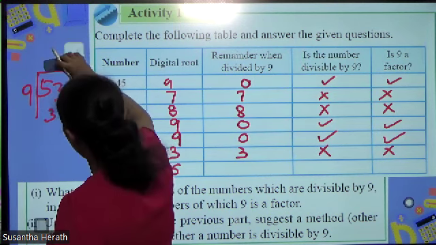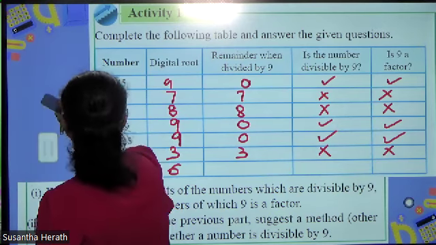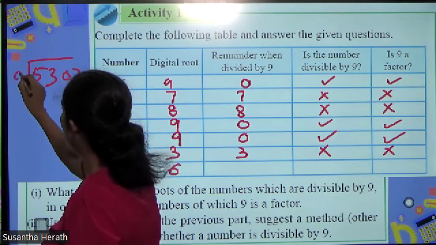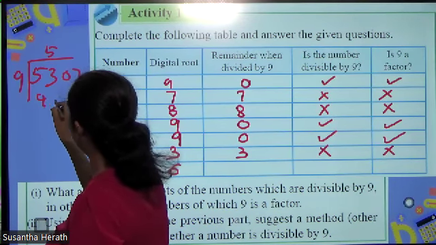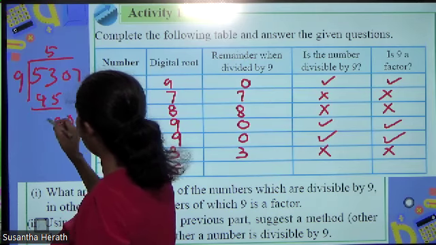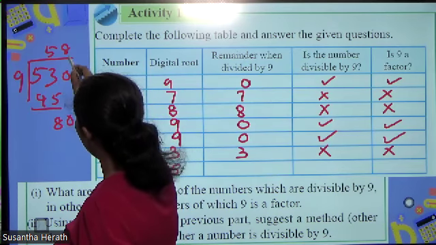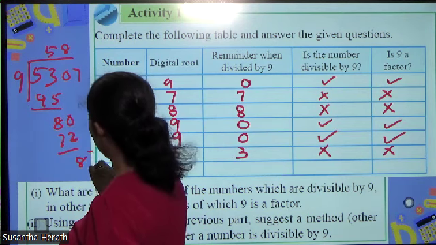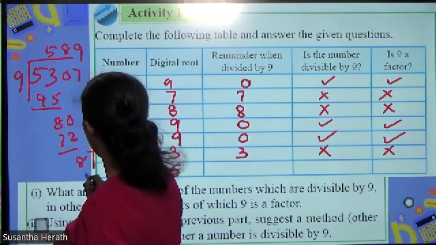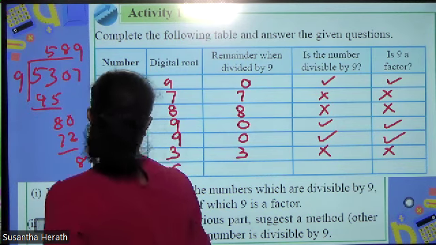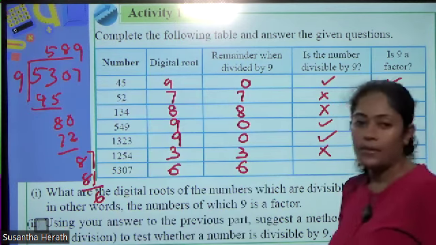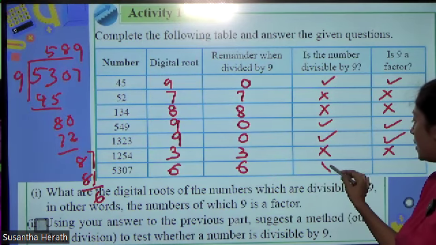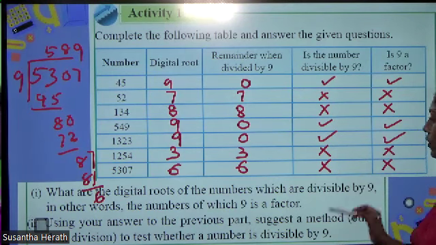For 80, how many 9s are there? 8, 72. 10 minus 8, 2. For 87, 9 into 9, 81. Remainder is 6. Is that number divisible by 9? No. Then 9 is not a factor of that number.